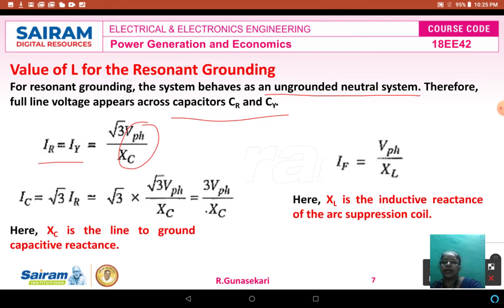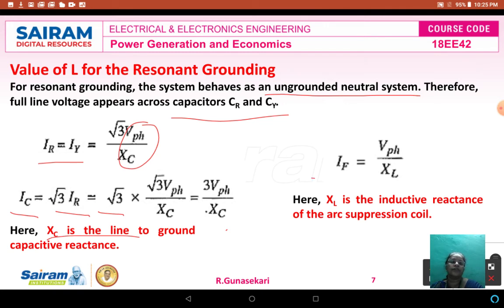And then the capacitive current IC is equal to root 3 into IR, that is equal to root 3 into root 3 V phase divided by XC, that is equal to 3 into V phase divided by XC. So therefore the XC is the line to ground capacitive reactance.